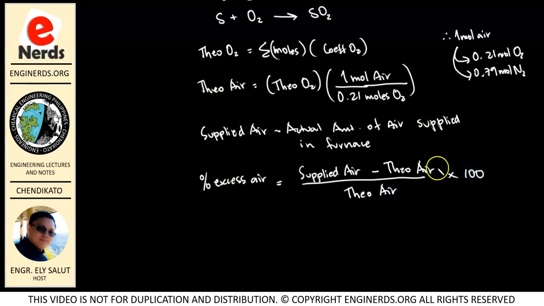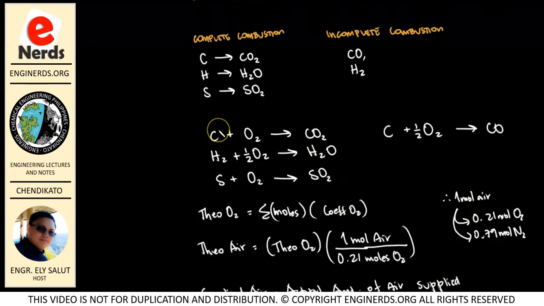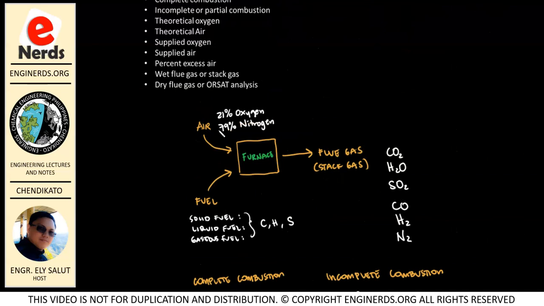So, yan ang magiging formula natin in order to get the percent excess air. Okay? So, gaano karami yung actual na sinupply nating air minus the theoretical air, which is yung air needed for complete combustion, divided by the theoretical air times 100. So, yan ang ating equation in order to get the excess air. I mean, percent excess air.